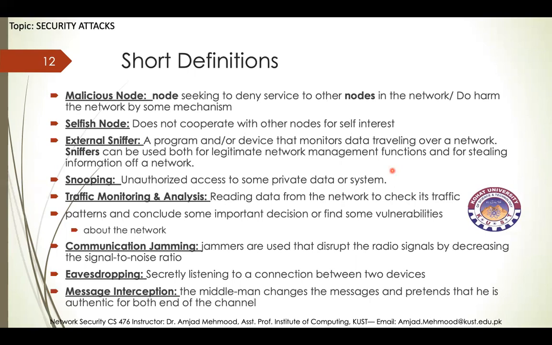Because if you know this information, then you will be able to understand this course, because each course has some main lines or key terms which you must know in order to understand the concept of that course. So we have a malicious node and selfish node, external sniffer, snooping, traffic monitoring and analyzing.